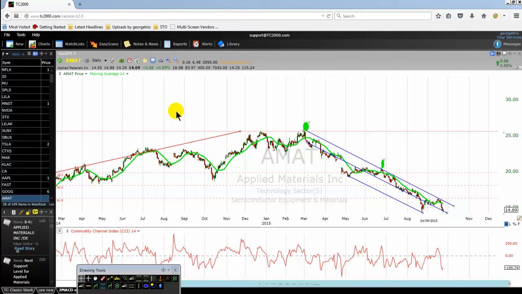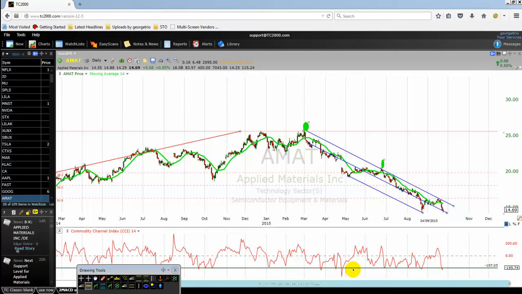Let's get started. We are looking at MAT stock, Applied Materials Incorporated, a stock that is listed on the Nasdaq 100. And we have seen here that the commodity channel index, or the CCI indicator, is below the level of negative 100.